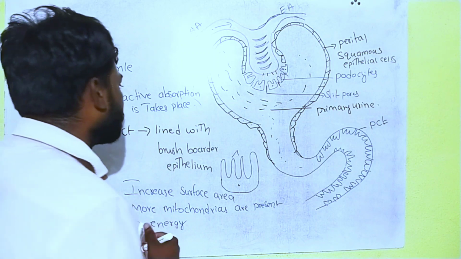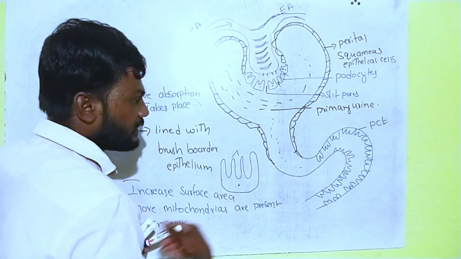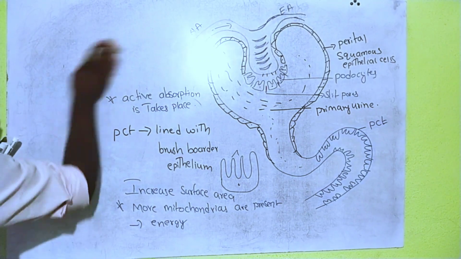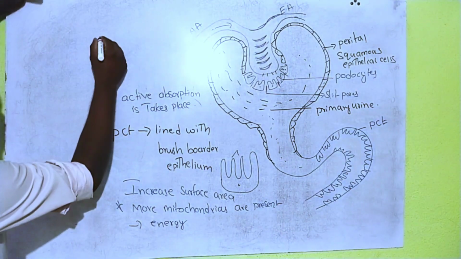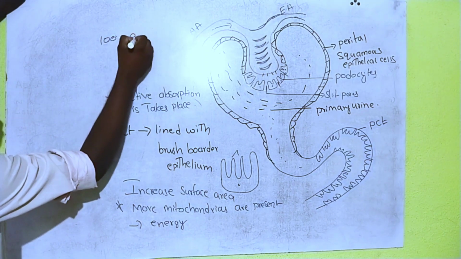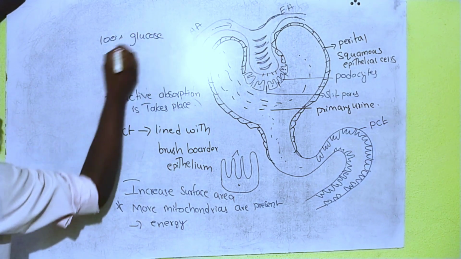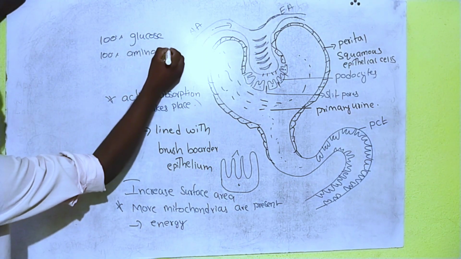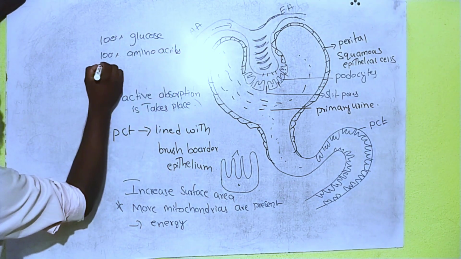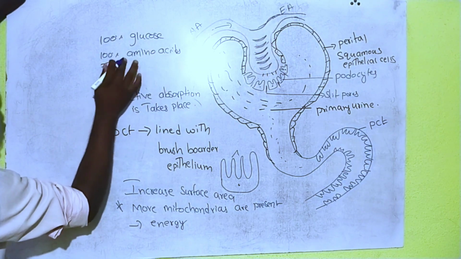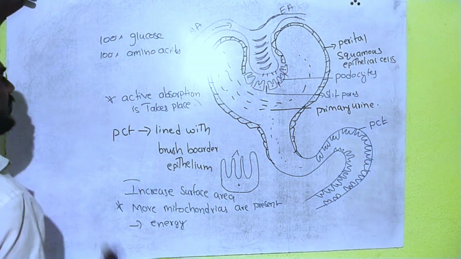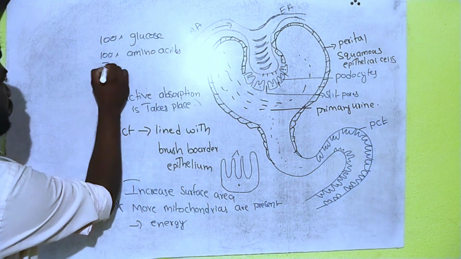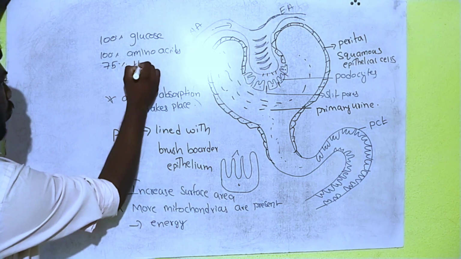Active absorption, here you can understand very easily. In the PCT region, 100% of glucose is absorbed and 100% of amino acids are absorbed, and 70 to 75% of water is absorbed.